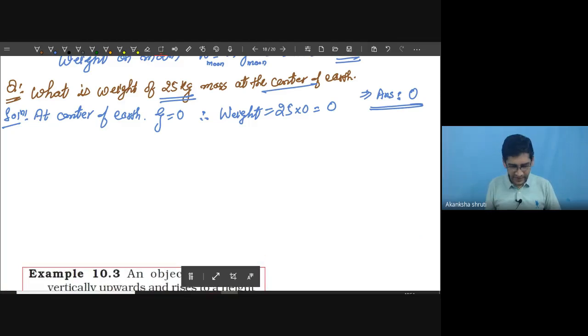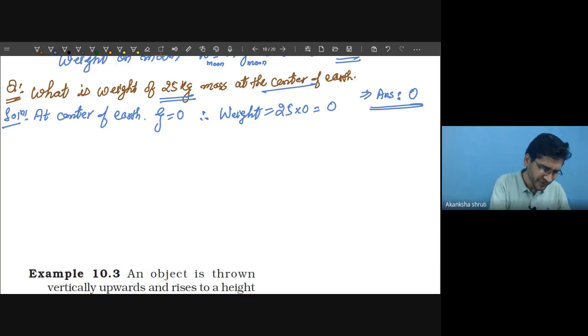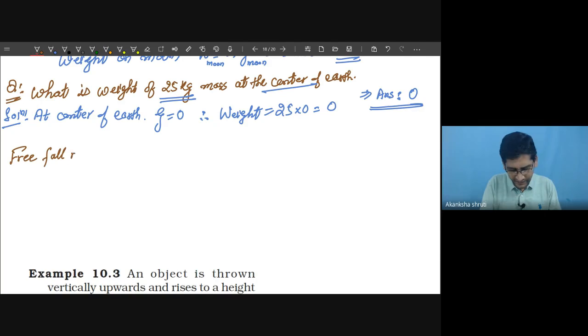Students, we have learned that if the body is in free fall motion, means the body is falling under the influence of the earth only. So free fall motion means the mass m, forget about the mass, whatever the mass is, this is the earth.